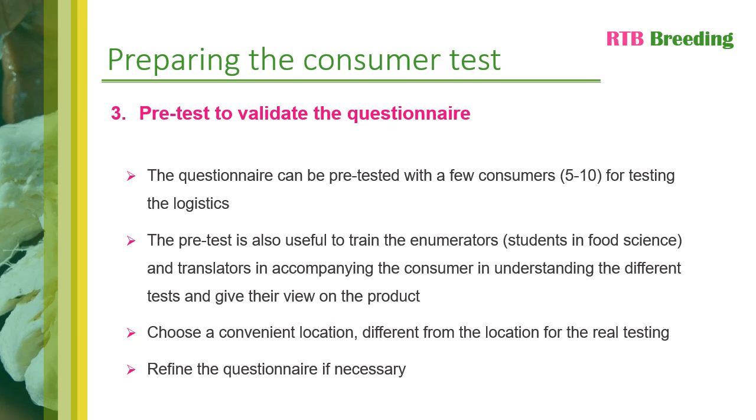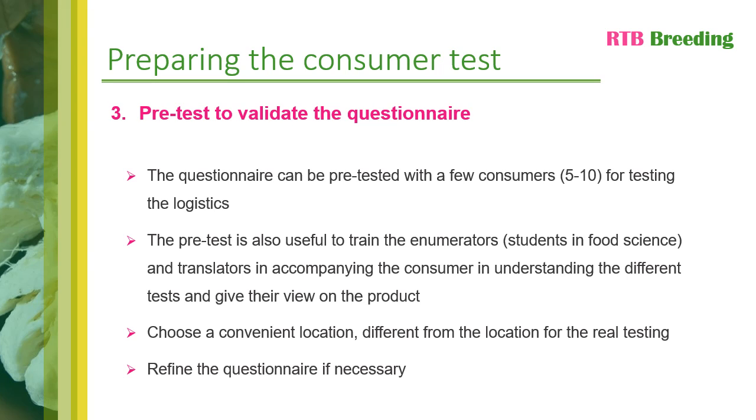To validate your questionnaire and train the team of interviewers, you can carry out a pretest. To do this, you organize a consumer test under the same conditions as the real test, the only difference being that you do it in a different place. During this pretest, you will only question a few consumers. This pretest is used to check that the questionnaire is understandable to consumers and also to train the team.